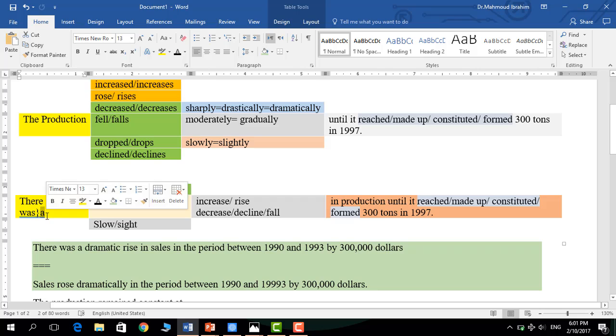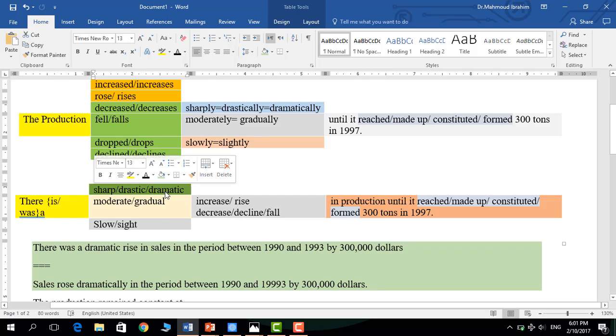Never forget sharp or drastic or dramatic, moderate or gradual, slow or slight. Then increase or rise, this is the noun. Increase or rise, decrease or decline or fall in production until it reached or made up or constituted or formed 300 tons in 1997. So these both structures are the same.